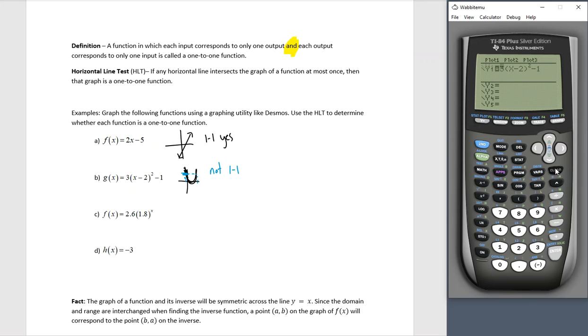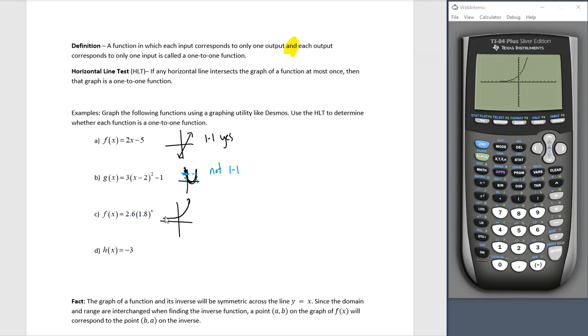We could keep trying. Let's do this one, 2.6 times parentheses 1.8, close the parentheses, to the power of x. Looking at that graph, an exponential function, we're going to take a much closer look at those in this section. We're going to talk about logarithmic functions as well. An exponential function is always increasing or always decreasing.